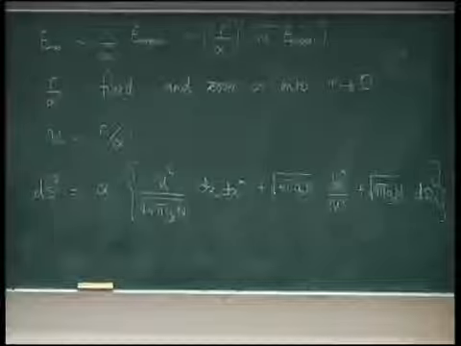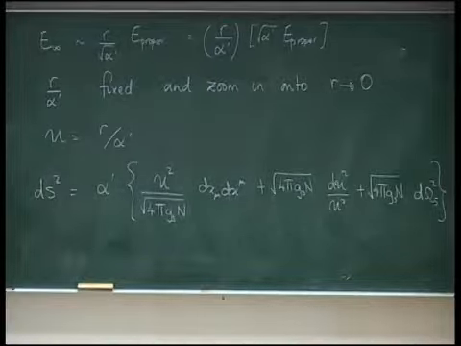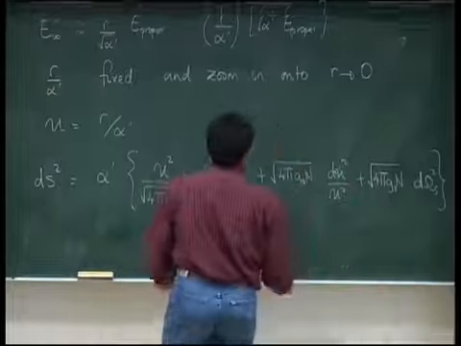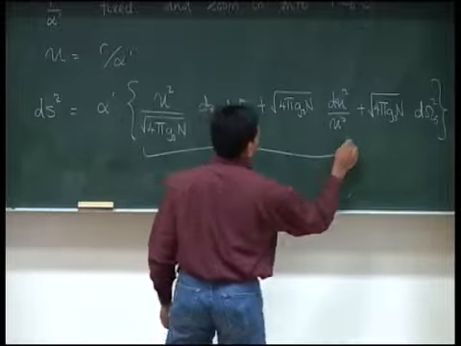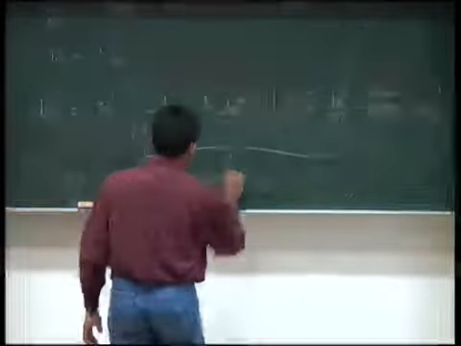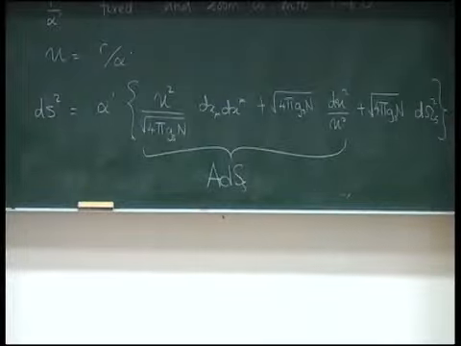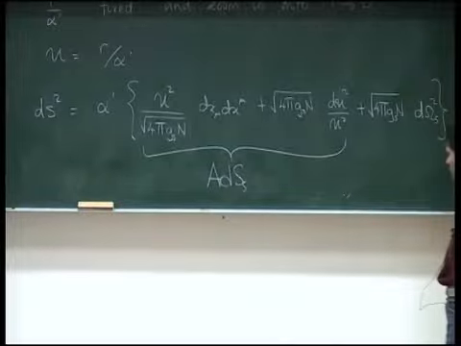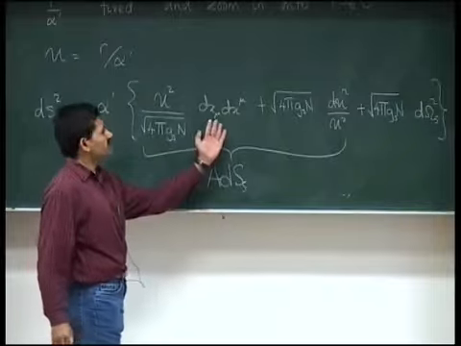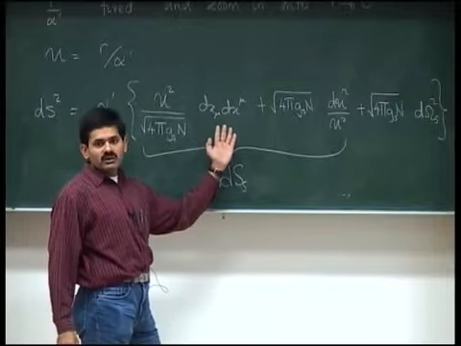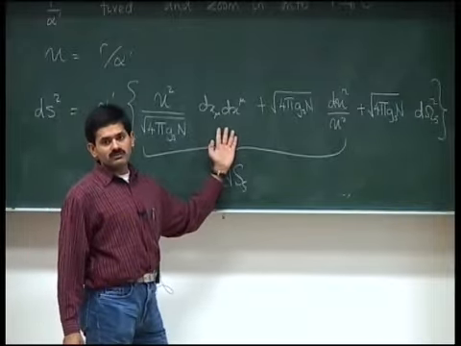And this part of the metric is a 5-dimensional anti-de Sitter space written in coordinates called Poincare coordinates, because they are coordinates where there is a manifest Lorentz symmetry in 4 dimensions.